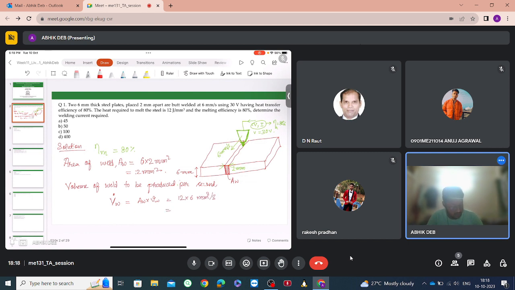So this is 72 millimeter cube per second.